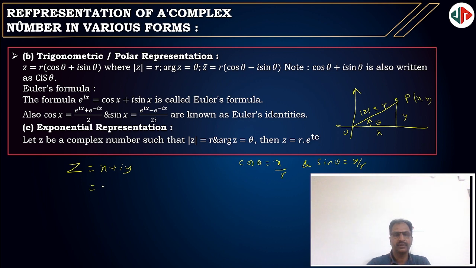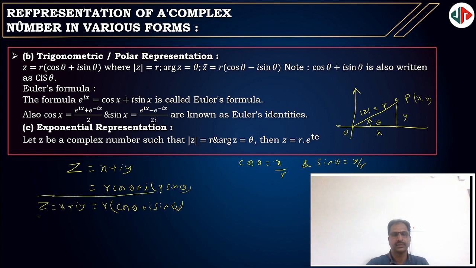And we know that z is equal to x plus iy. x is nothing but r cos theta plus i into y, which is nothing but r sin theta. Now take r common. You get r into cos theta plus i sin theta. So any complex number z equal to x plus iy can be written in the form of r into cos theta plus i sin theta.